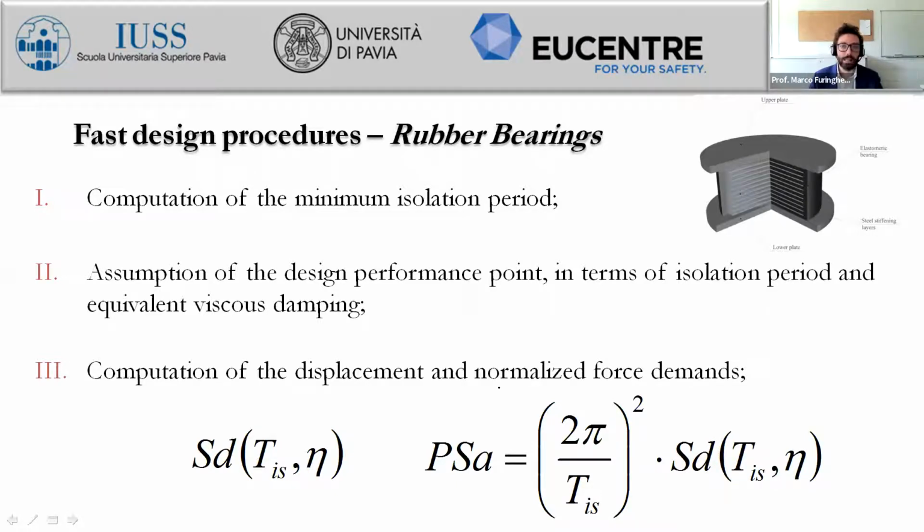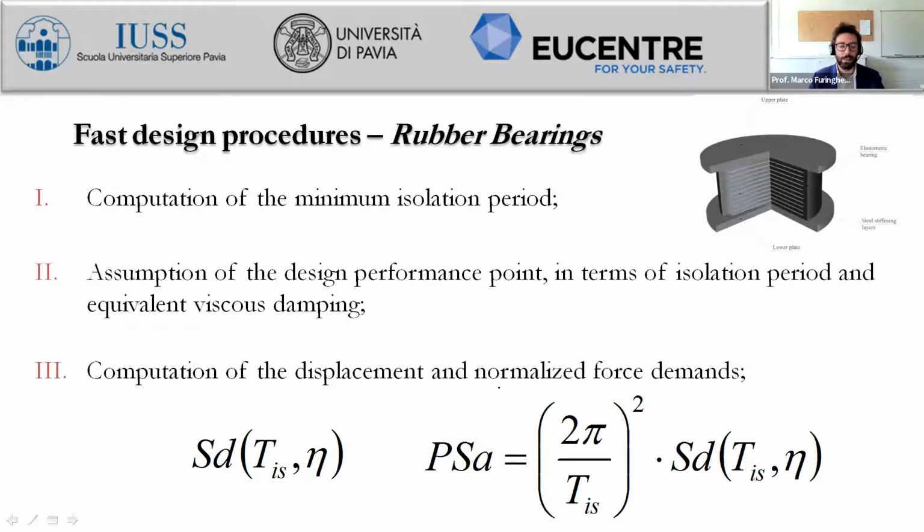For lead rubber bearings, we know that the damping ratio is bounded between 20% and 30%, because the dissipation capacities are extremely higher with respect to rubber bearings. The same can be assumed also for curved surface sliders, even though we have seen also experimentally that we can get up to 40% and 45% of equivalent viscous damping, strongly depending on the friction coefficient value.